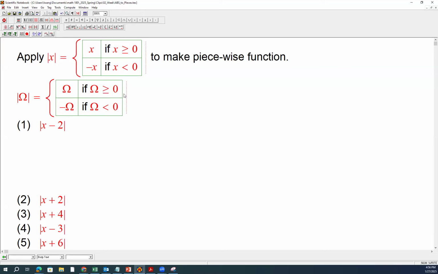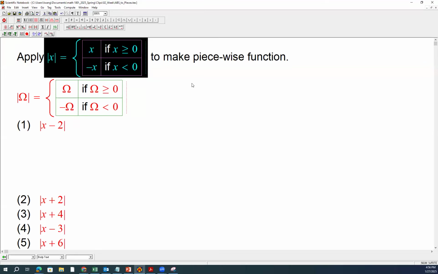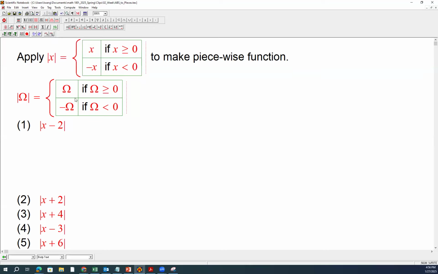Okay? So if you have any questions about this, watch the previous lesson, okay? So this is the application part. To handle this kind of situation, we will treat x minus 2 as omega. We treat x minus 2 as one single entity.